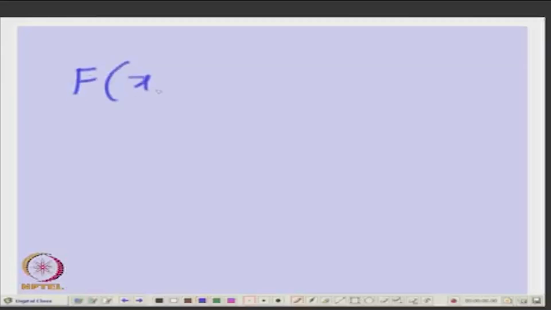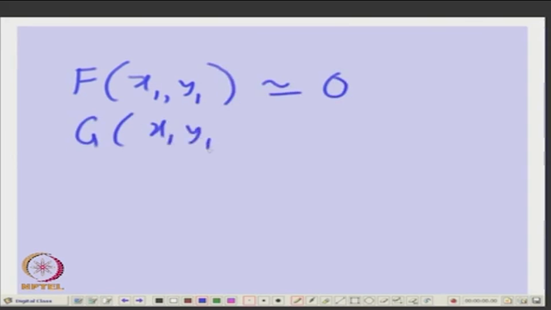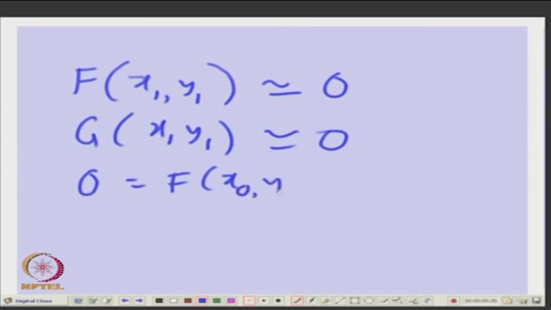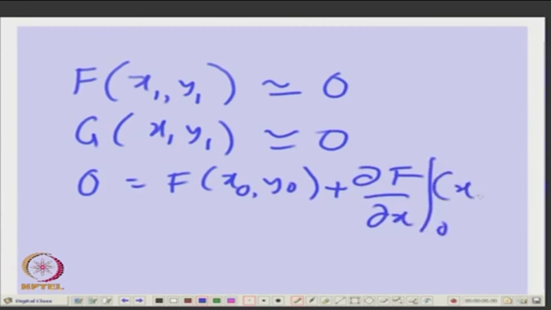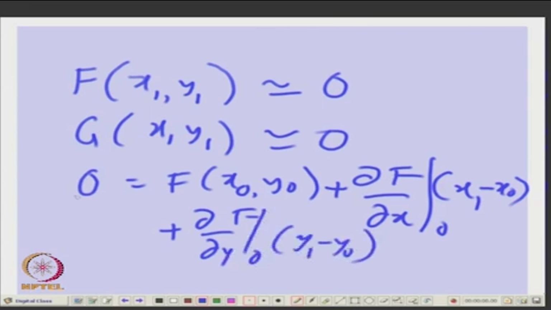So, you go on doing this and then you go to another value x 1 y 1 where f x 1 y 1 is approximately 0 or g x 1 y 1 is approximately 0, right, and you get it as: 0 will be equal to f of originally x naught y naught plus delta f by delta x at that point into x 1 minus x naught plus delta f by delta y at that point into y 1 minus y naught, which is 0. Okay.